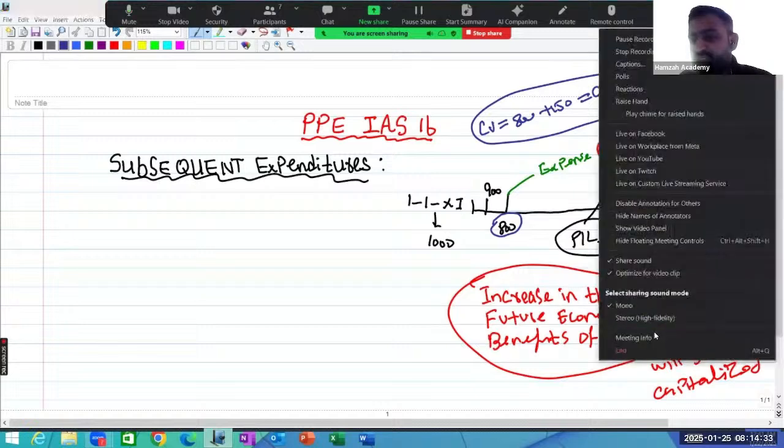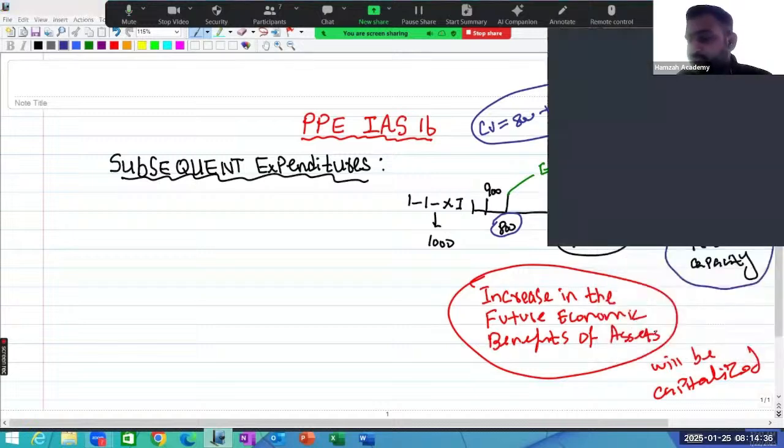Now, the increase in economic benefit could be in the form of an increase in the economic life or useful life of the asset, or an increase in the capacity of the asset.